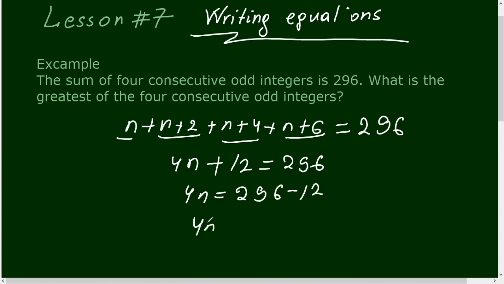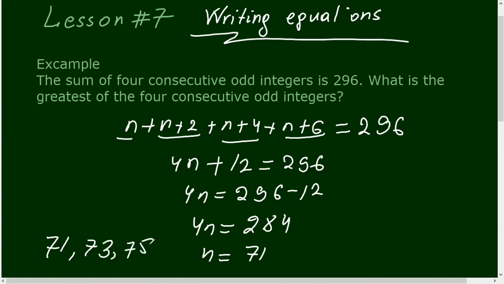So 4n equals 284, and n equals 71. So the first odd integer is 71, the second one is 73, the third one is 75, and the fourth one, actually the greatest one, is 77. So my answer is 77.